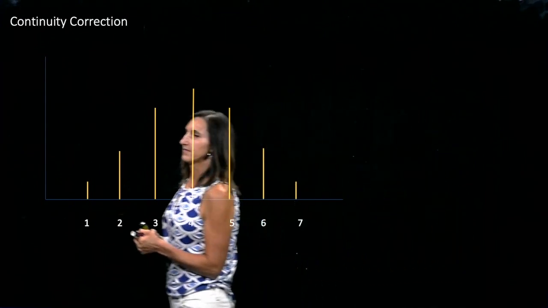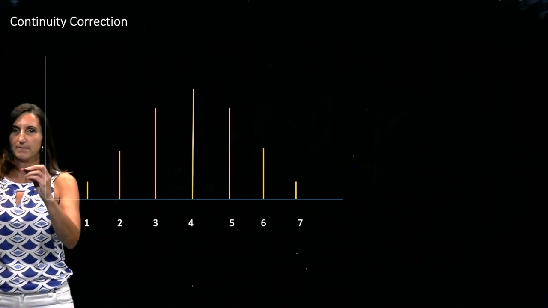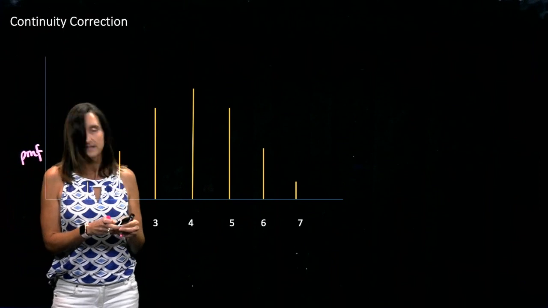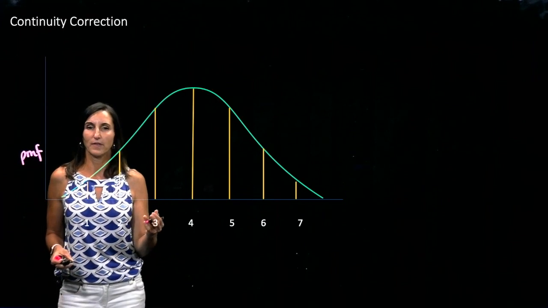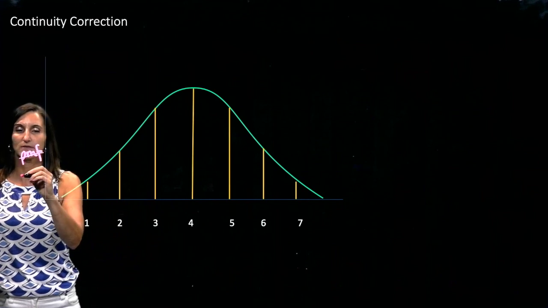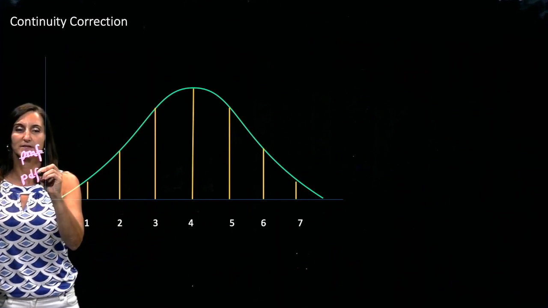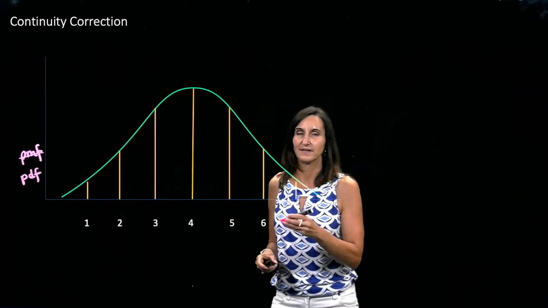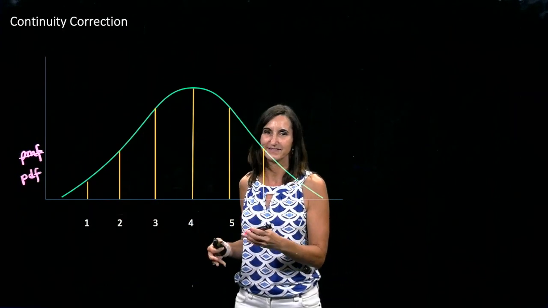So this is if I have a discrete random variable, and if I start out with this, then I'm looking here at the probability mass function of it. But then when I approximate that with a continuous distribution function, here it's a nice normal bell curve, I have the probability distribution function. They sort of show me the same things.